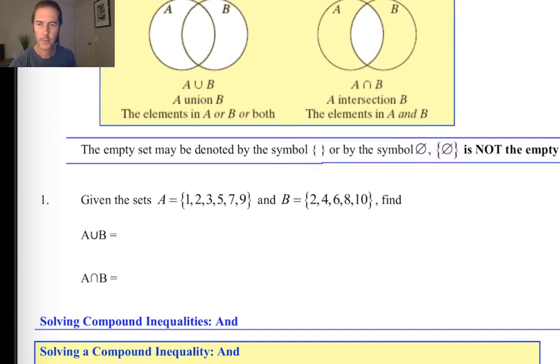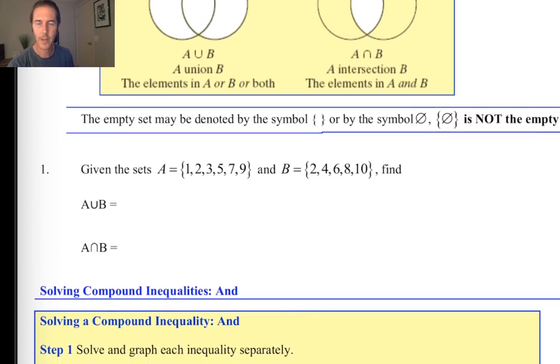So let's see in this first example, we've got set A and set B, and we want the union of those two. We're going to put our results inside set braces. And as we combine these two sets, or we ask what's in A and in B and in both, I see that there's a 1 in set A. In set A and set B, there's a 2, but I'm only going to write the 2 down once.